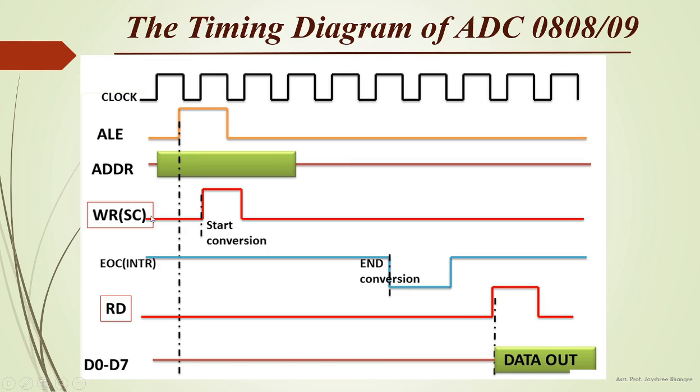Then after applying a low to high pulse to the start of conversion input, conversion will start. Then we have to monitor this interrupt or EOC pin. When this pin goes low, this will indicate that the conversion is completed. After sending the low to high pulse to this read input, we can read the data from the D0 to D7 pins of the ADC chip.